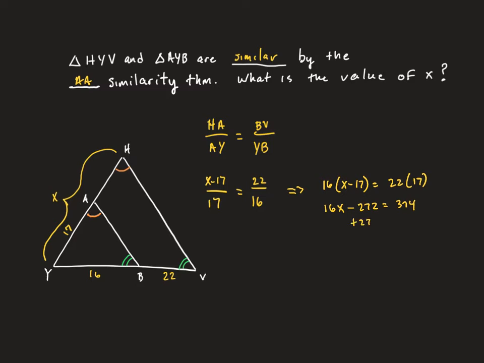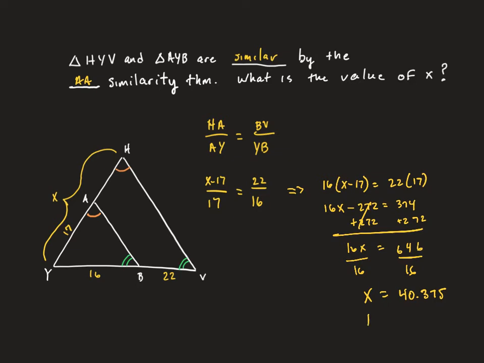So if I add 272 to both sides, I have 16X is going to be equal to 646. Divided by 16, I'm going to get the calculator out, just because I'm feeling lazy. X is going to be equal to 40.375.